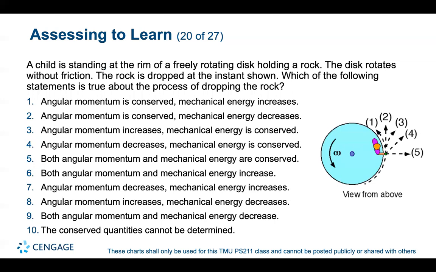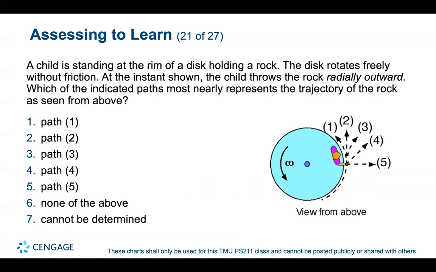A child is standing at the rim of a freely rotating disc holding a rock. The disc rotates without friction. The rock is dropped at the instant shown. Which of the following statements is true about the process of dropping the rock? And the answer is both the angular momentum and the mechanical energy are conserved.